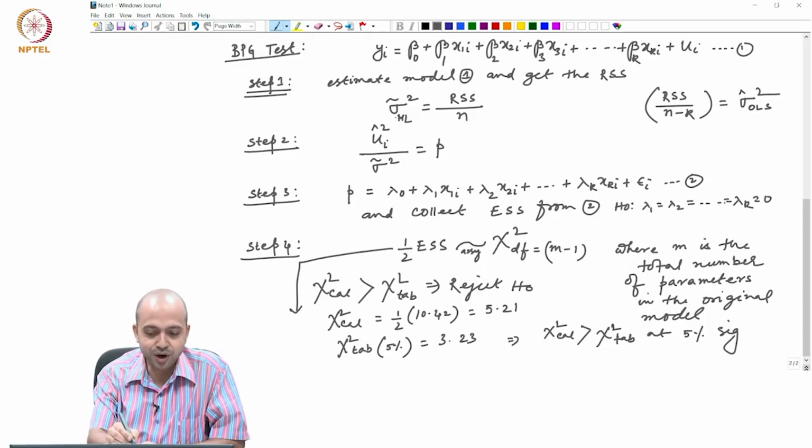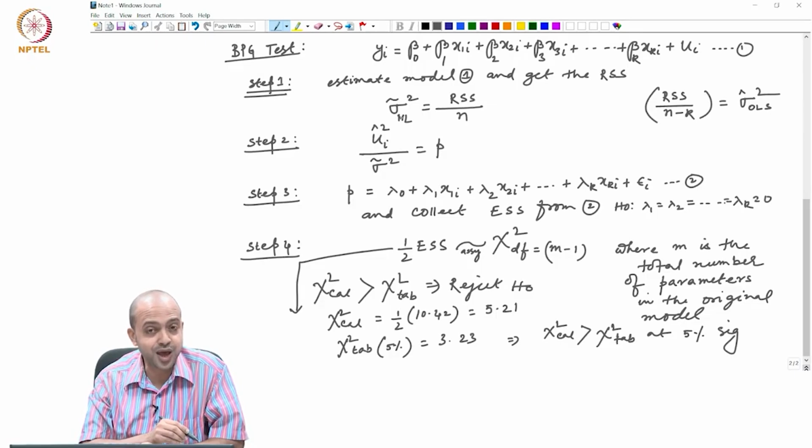Also, the sigma square tilde we got here to adjust your ui hat square is the definition of sigma square from the maximum likelihood method, and the maximum likelihood method is applicable when you have a large sample, but here you have only 30 observations.